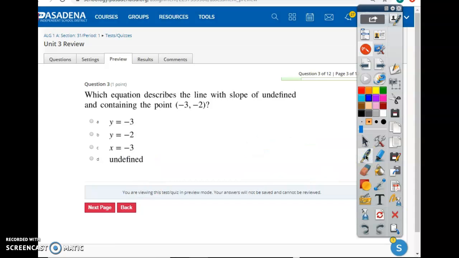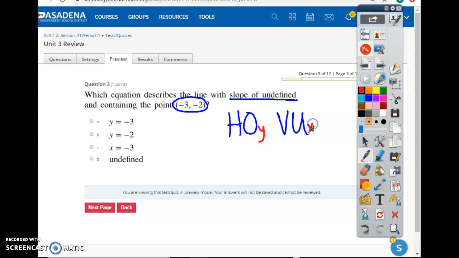It's asking which line would have a slope of undefined and goes through this point. Well, you have to know HOVU. Remember HOY, bucks. And I want undefined, so that would be this one. Vertical line is undefined.